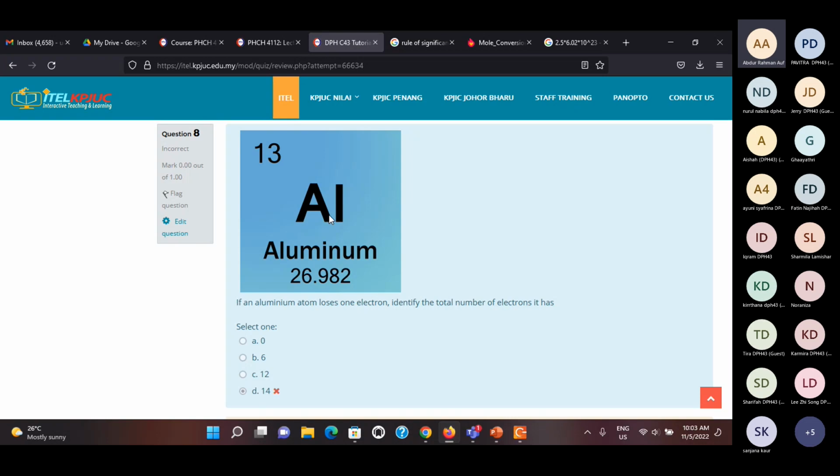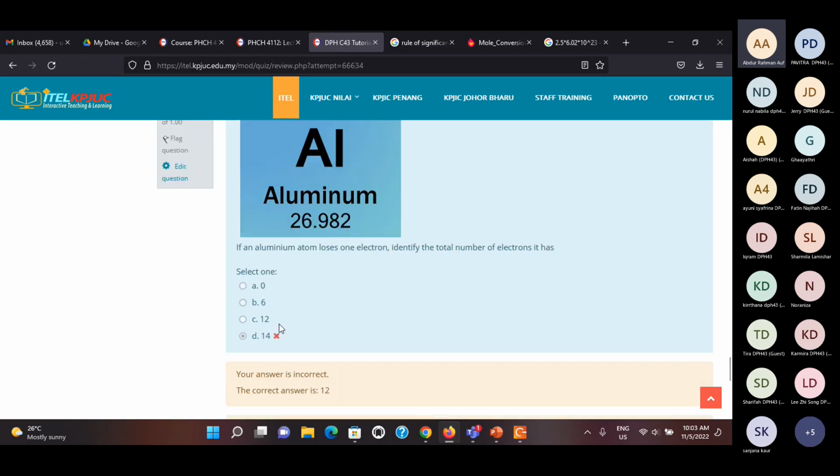And we also know the amount of electrons is always equal to the amount of protons. So if aluminium has 13 protons, that means it has 13 electrons. So my question is, if aluminium loses 1 electron, the number of electrons it has now is 12. It has 13 electrons, so if it loses 1, it becomes 12. Okay.